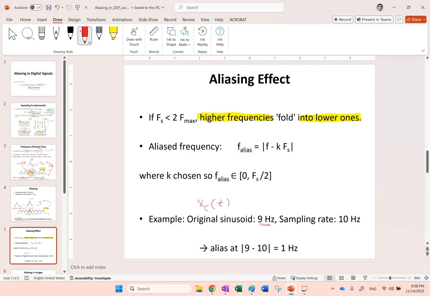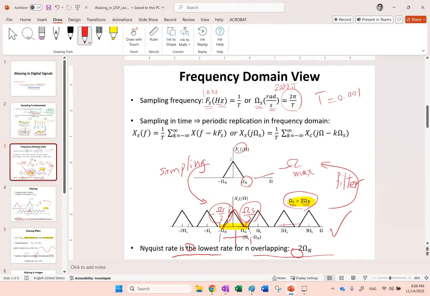Now, when you sample this 9 hertz signal, you are going to sample it at only 10 hertz. You know, at least you have to sample it by how much? By 2 times 9. If you at least sample it by 2 times 9, then these triangles are going to be just adjacent to each other, and you can still recover it.